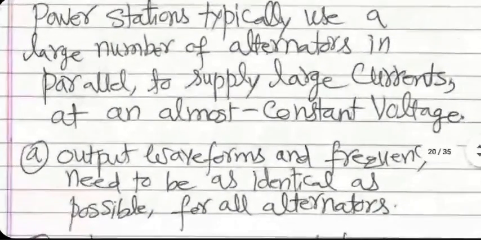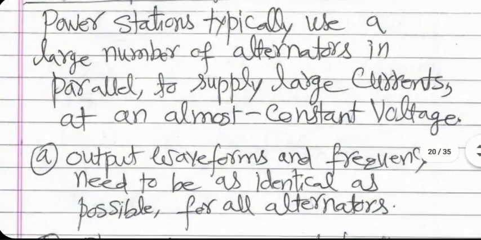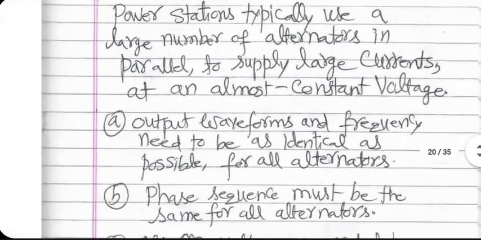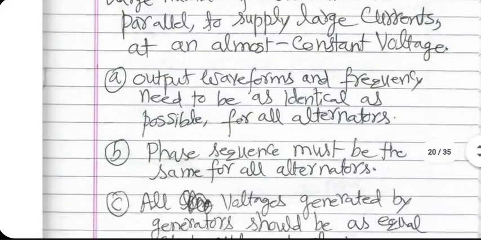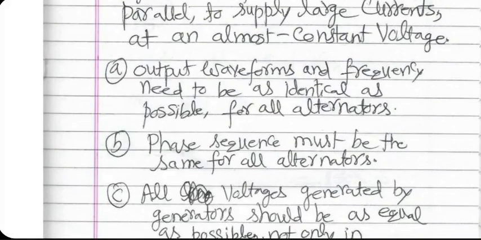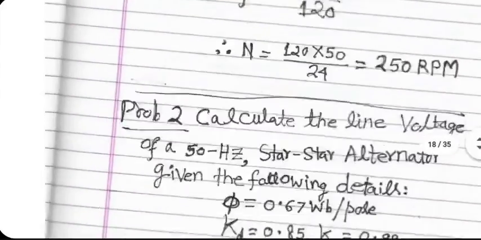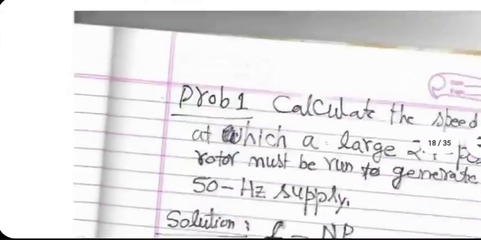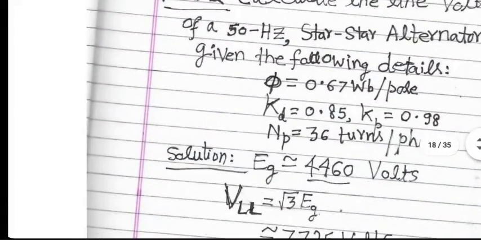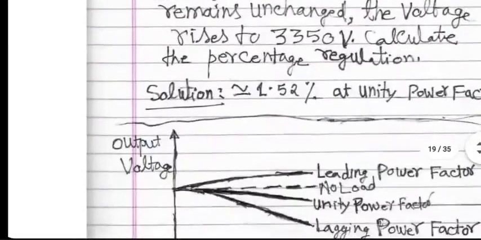Output waveform and frequency need to be as identical as possible for all the generators, obviously. Otherwise, there will be confusion in the system. Phase sequence has to be the same. If it is positive sequence in one generator, it better be the same in all the generators. All voltages generated by the generators should be as equal as possible. That means magnitudes. The value of EG should be almost the same for all generators.